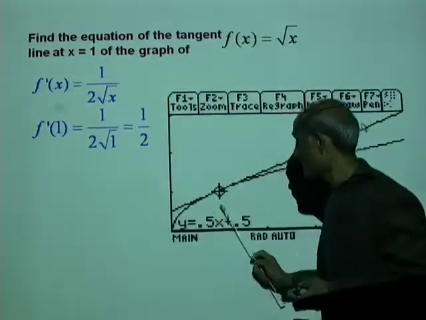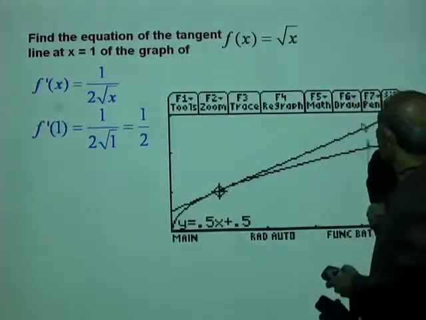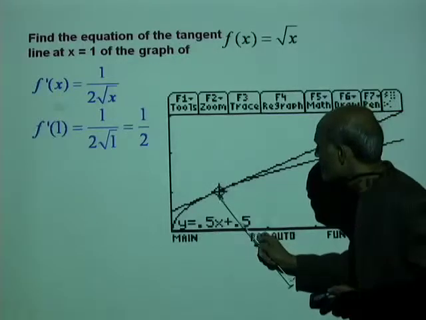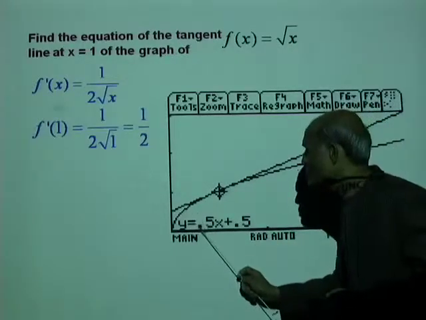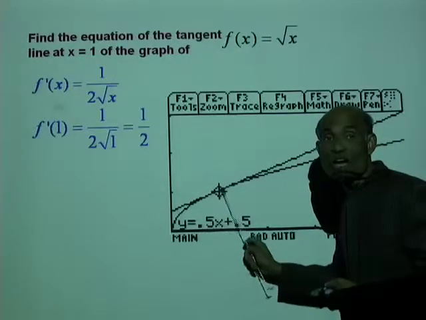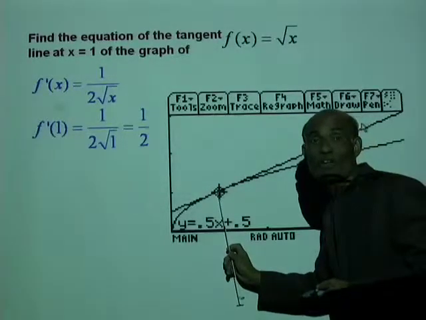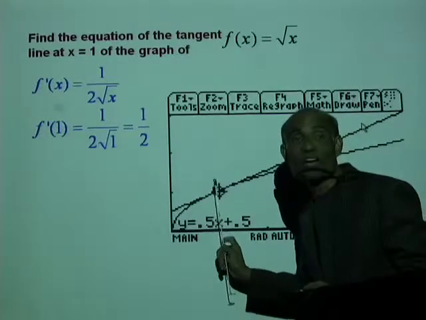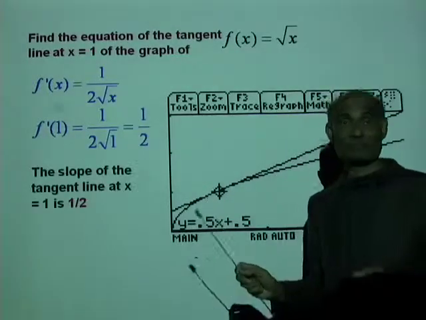Now look at this, the graph of square root of x. The tangent line drawn at x equal to 1 has a slope of 0.5. The slope of the tangent line drawn at that point is a measure of the derivative of the function at that point. Is that right?